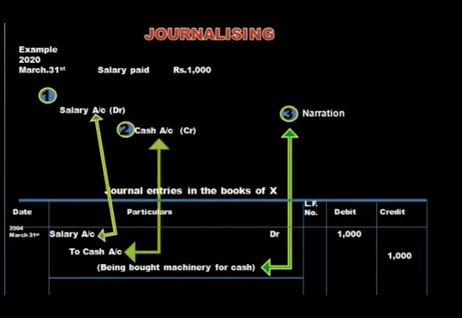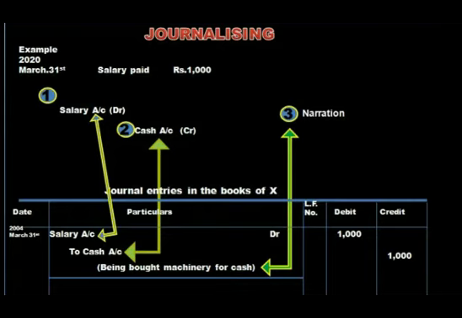So in the journal first we should write in the date column March 31st, salary account, near LF debit, in the debit column 1,000. Again we should leave the space, to cash account, credit column 1,000. So within brackets 'being salaries paid', bracket close. Then after that again you have to draw the line. So second entry also finished.